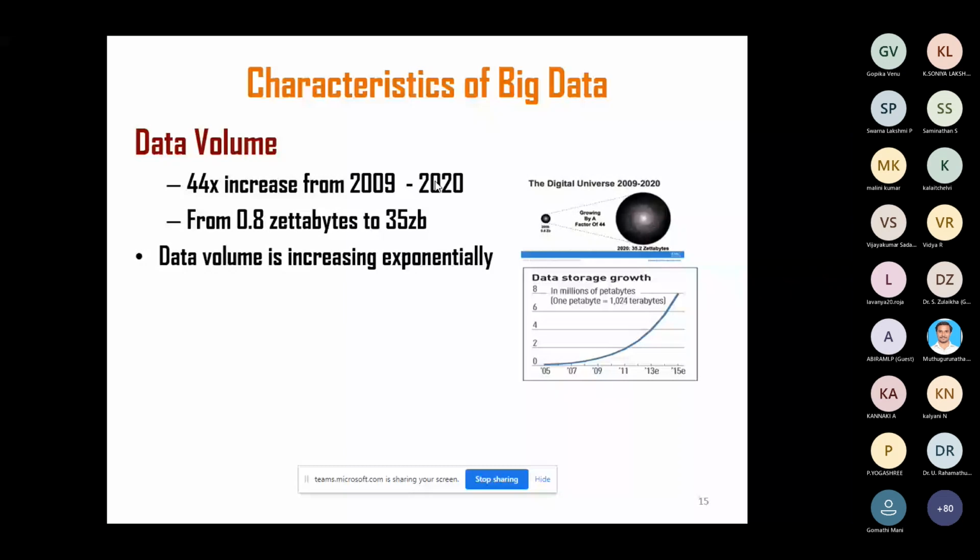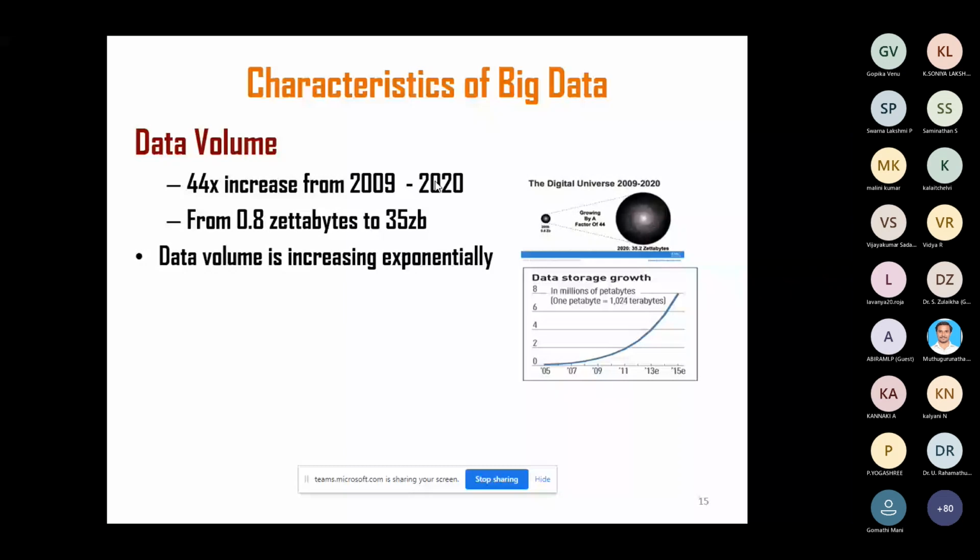Moore's law, two laws he has defined. One law states that for every 18 months, the number of transistors embedded in an IC chip gets doubled. The same law may fit this data. Within 18 months, the total volume of data existing across the globe is getting doubled, in less than 18 months.